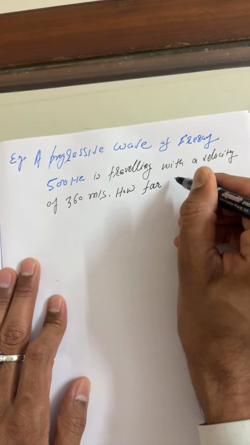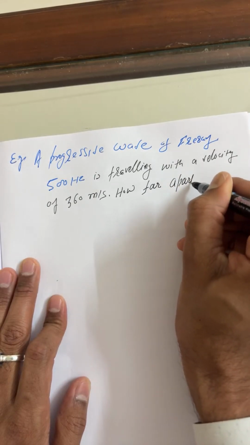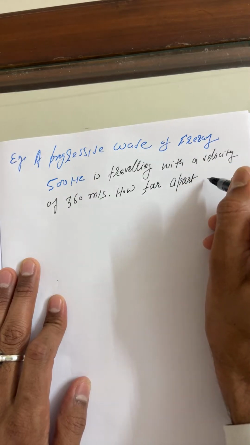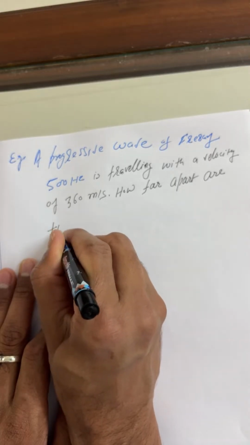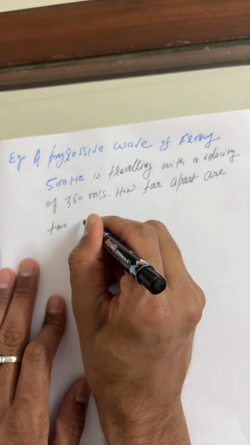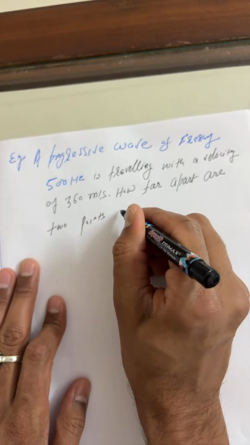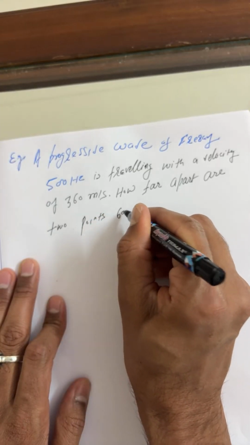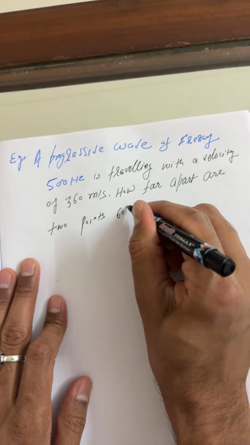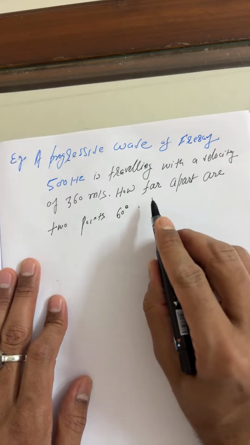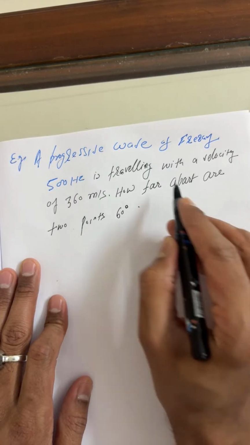How far apart are two points 60 degree out of phase?